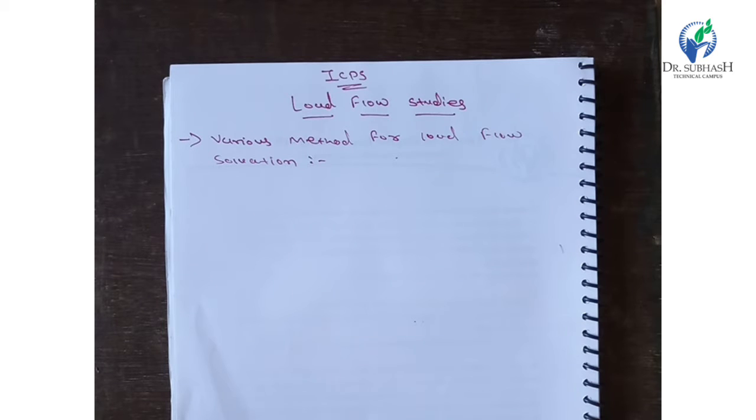When the generator output is given to the transmission line, various losses and other parameters are connected in the system. So the slack bus is a very important parameter for the calculation of the load flow equation.